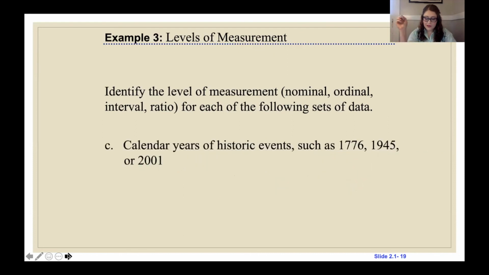Calendar years of historic events such as 1776, 1945, or 2001. Well, this is quantitative data. Something we counted. It's discrete. It's also discrete. I didn't ask for that, but we're going to put it down anyway. It's discrete. But it's going to be interval.